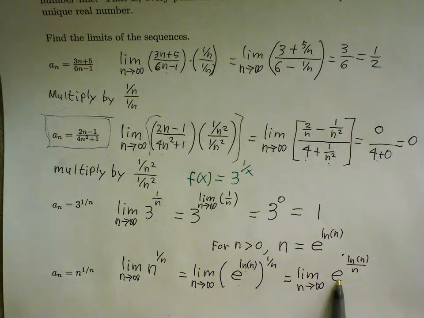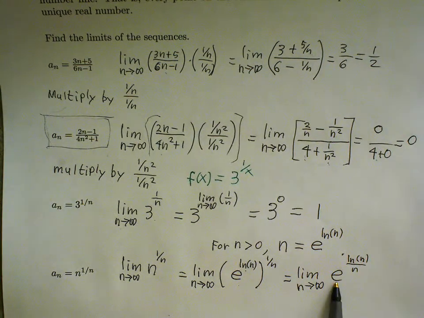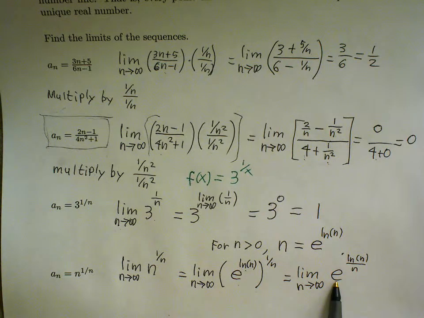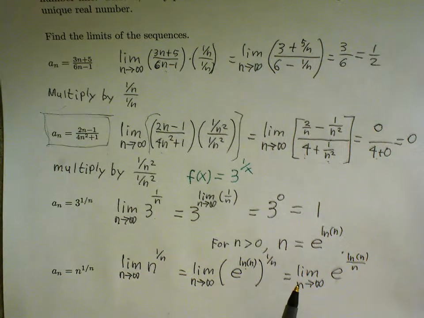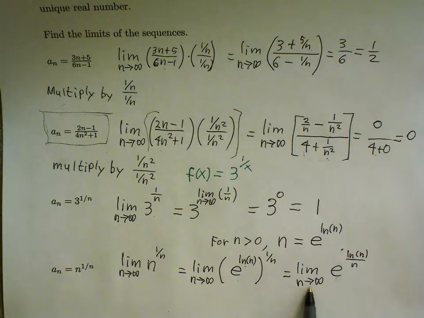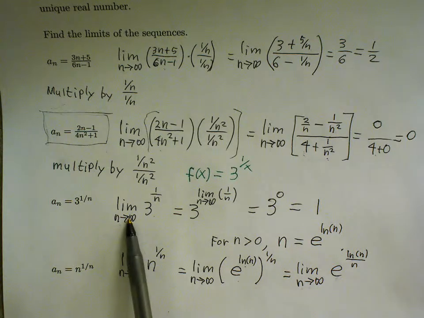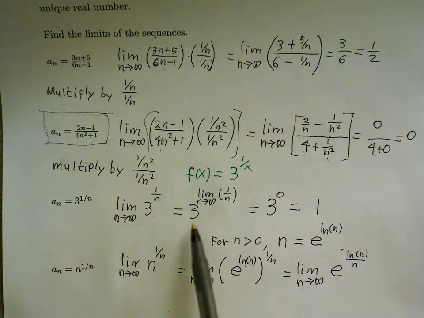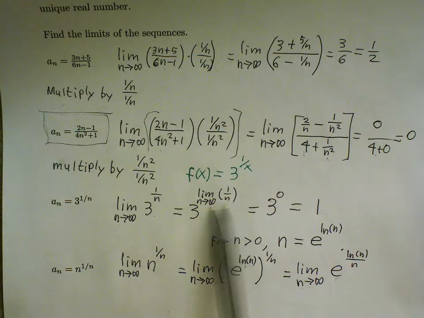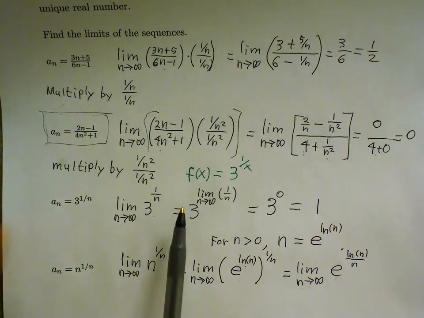Okay, so e is just a number. It's approximately 2.71828. So what did we do earlier when we had the limit of 3 to the 1 over n? We wrote that as 3 to the limit of 1 over n. So we'll do that here.